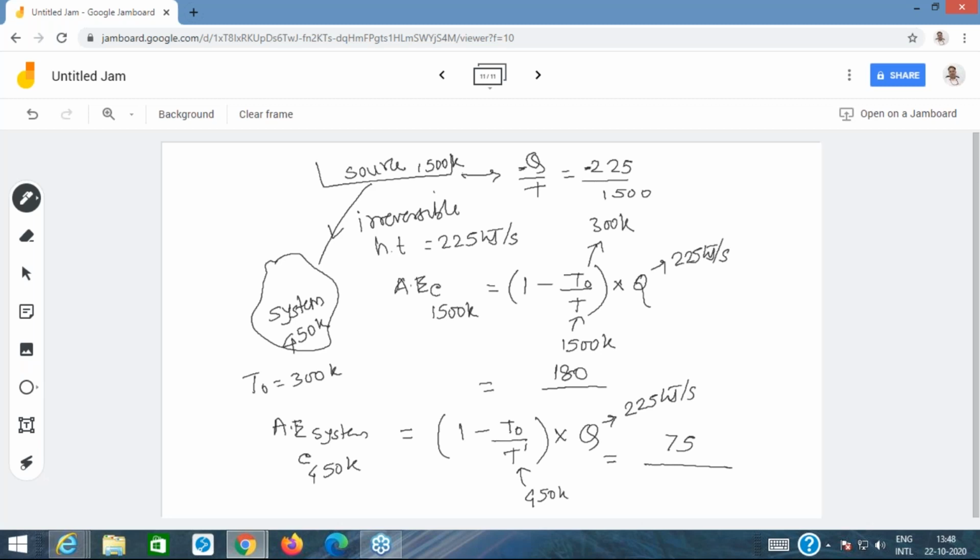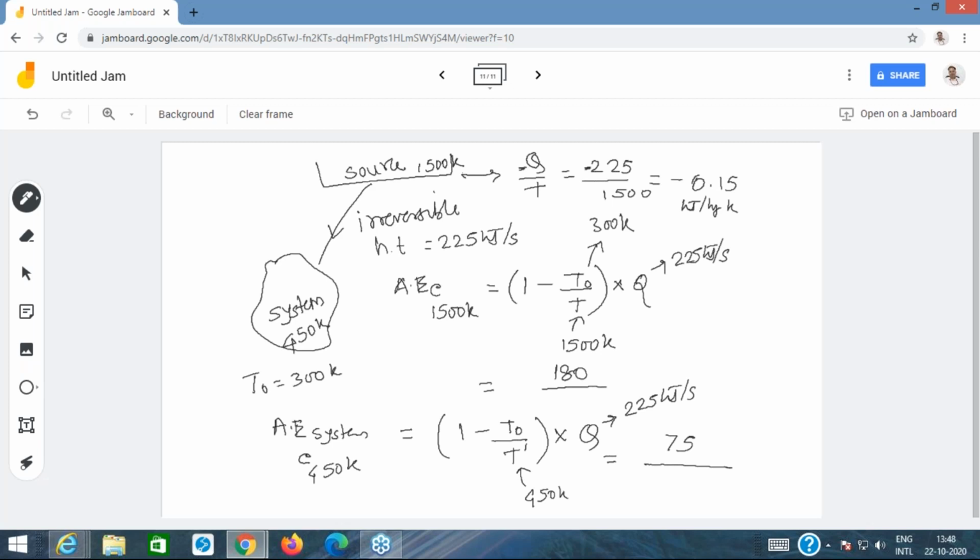So it is minus Q by T. So this would be minus 225 by 1500, how much? Correct, Tanya. It will be minus 0.15 kilojoules per kg Kelvin.